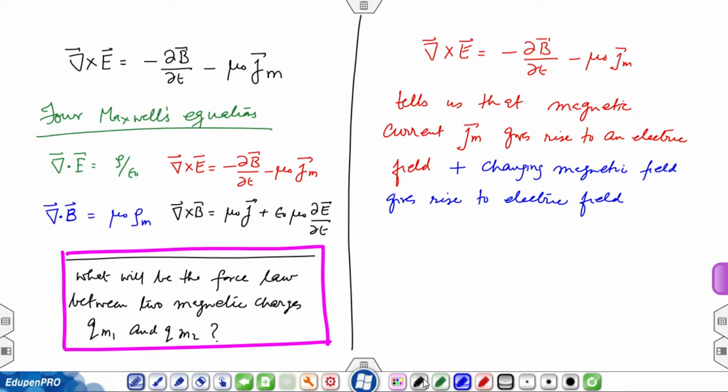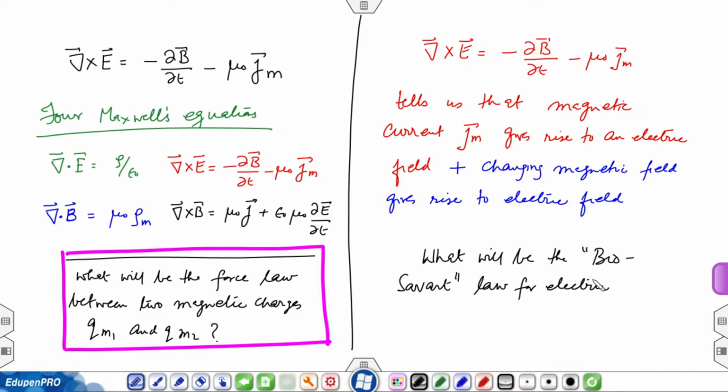So, again let me ask you a question, what will be the Biot-Savart law for electric field generated by a magnetic current?